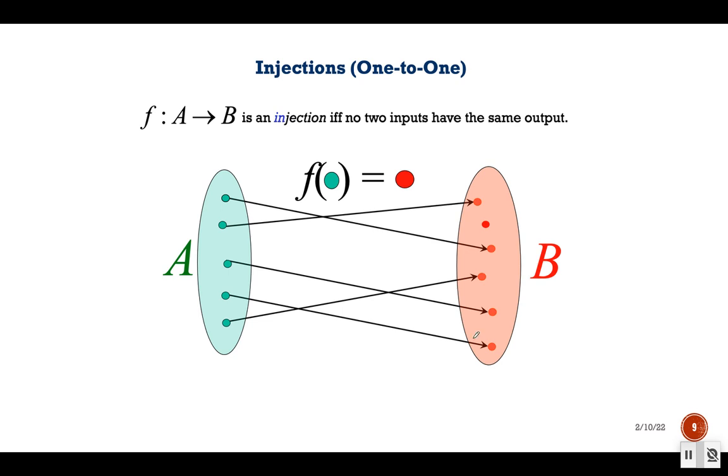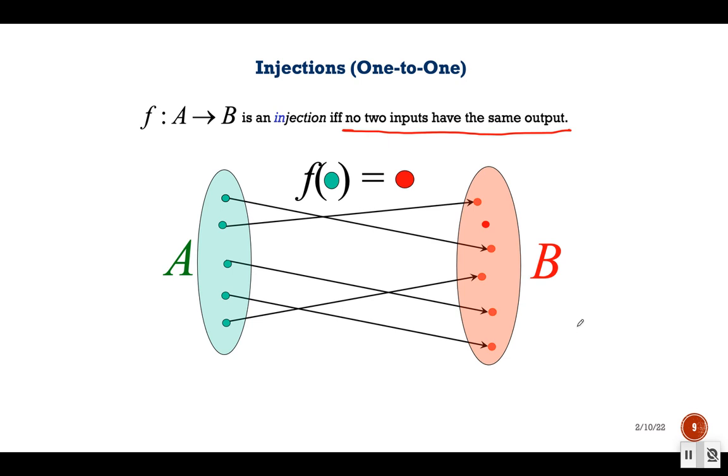Injection. Informally, injection says that no two inputs have the same output. Every input will have a different output.